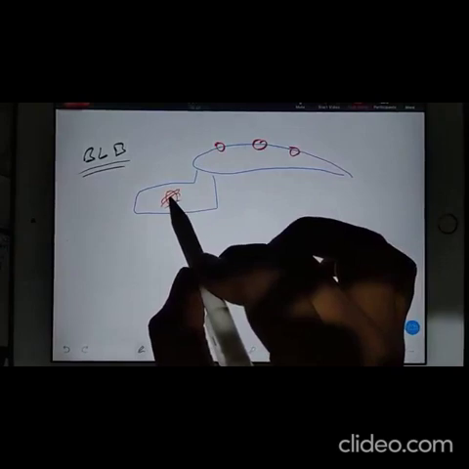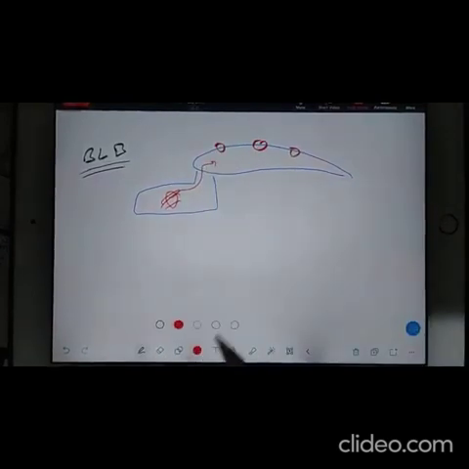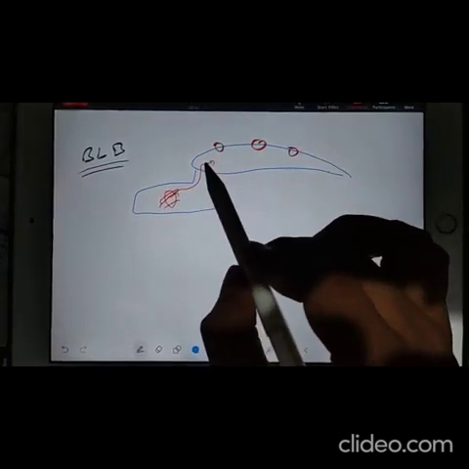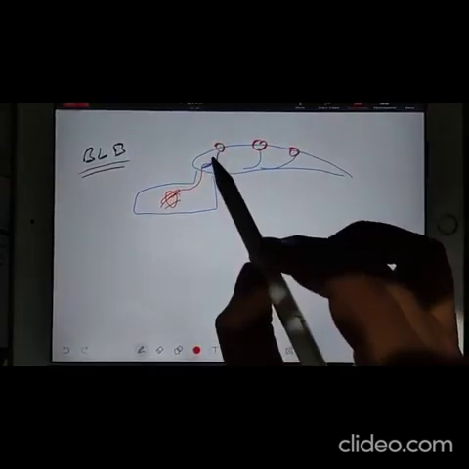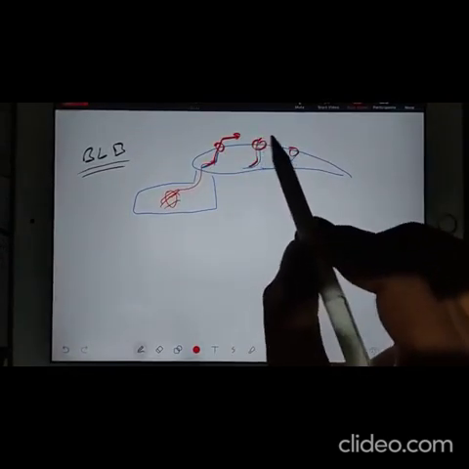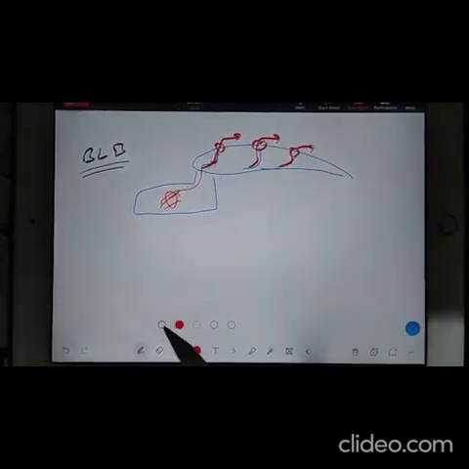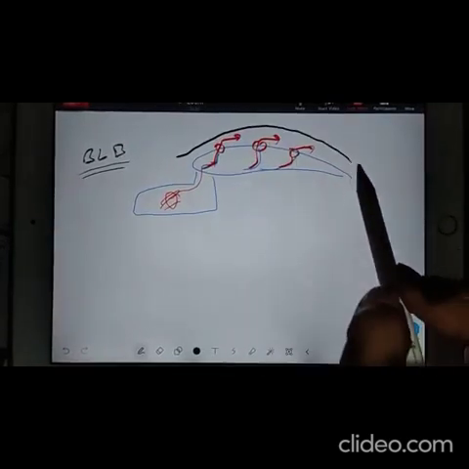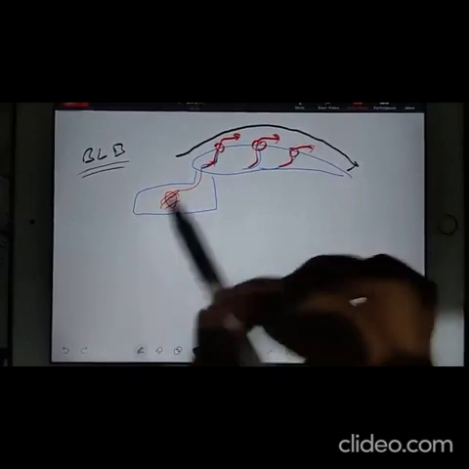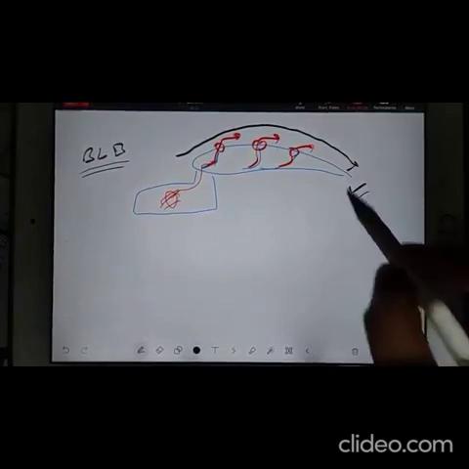So some amount of gas you bring through a pipe till the wing, and in that wing you open those pipes. So those pipes are giving you very high compressed air. So that air is helping the incoming air to reach till the last end. So this is how boundary layer blowing works.